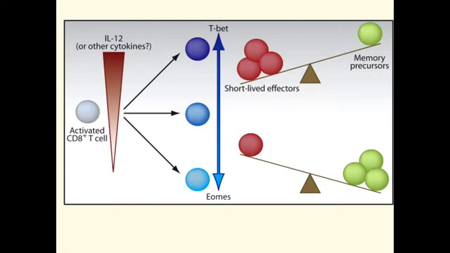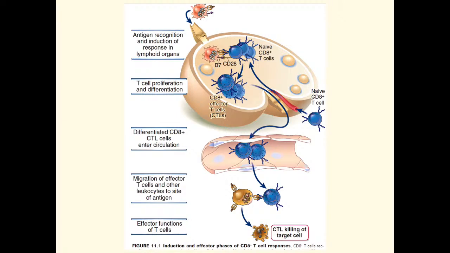So as you can see here, there are two pathways, the T-bet and Eomesodermin pathway, and we sometimes need memory T cells and also active cytotoxic T cells. Both can be produced by the activation of CD8 T cells.